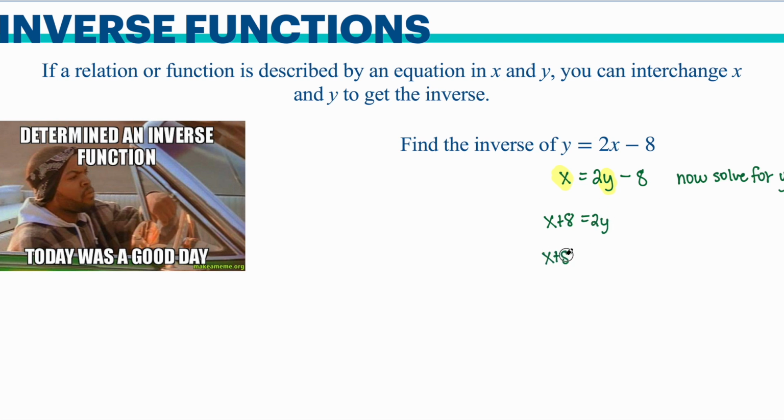So I'll get x plus 8 divided by 2 equals y. Or you could even say 1/2 x plus 4. These are the same thing. Just know that if you break this fraction, make sure that the 2 gets broken to both parts of the numerator. That's why x over 2 would become the 1/2 x, and then 8 over 2 becomes 4.